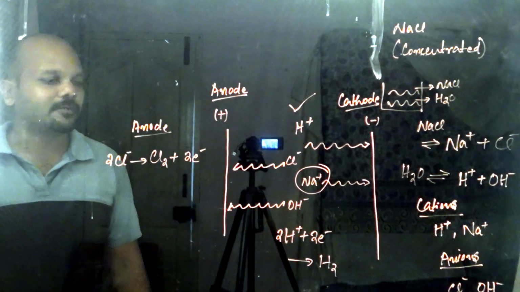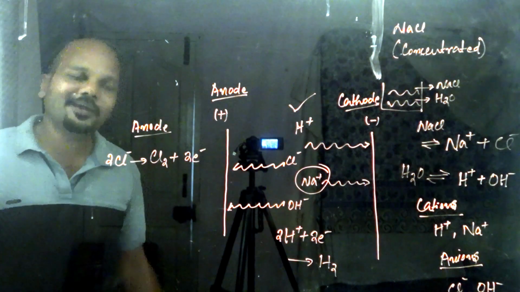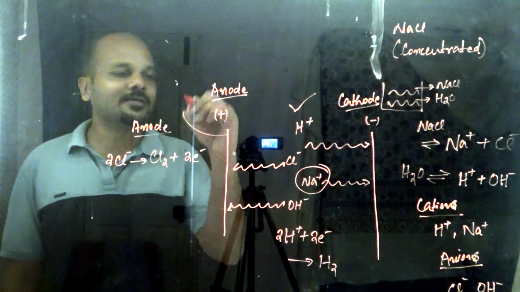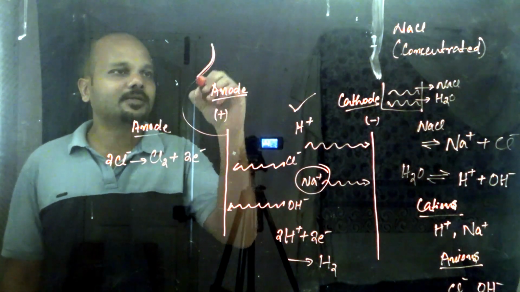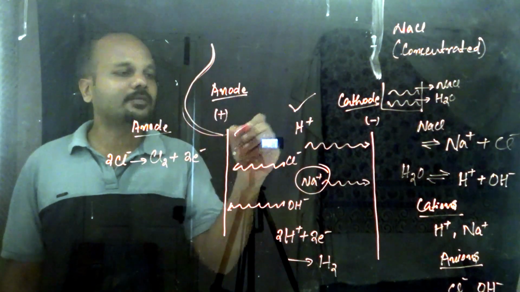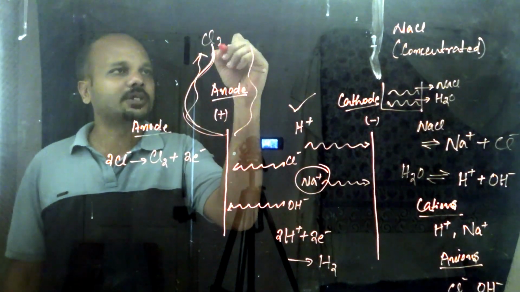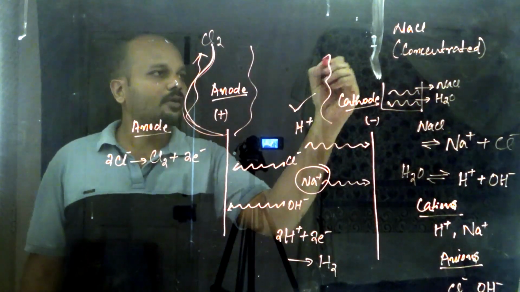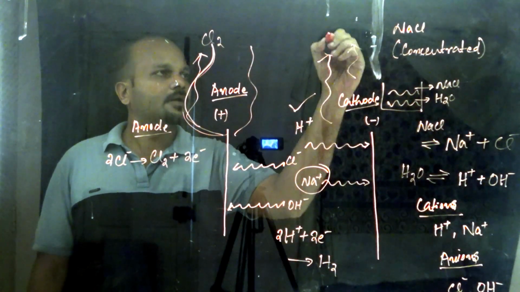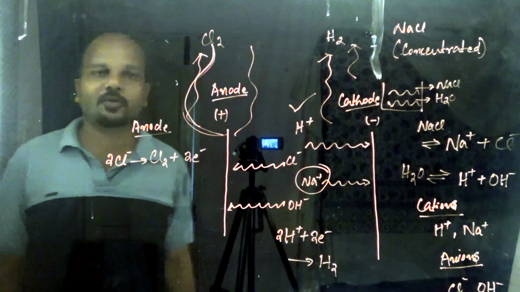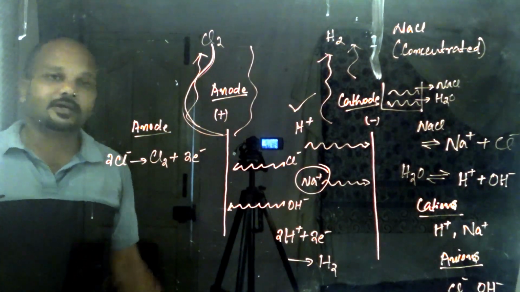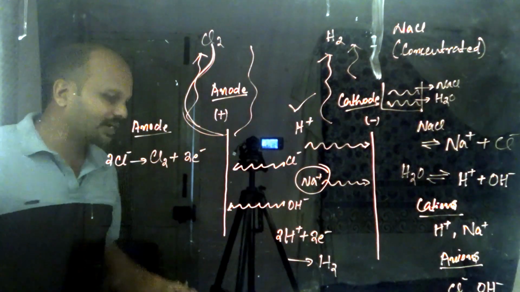So in a concentrated solution of sodium chloride, chlorine gas will be passing out from the anode, and hydrogen gas will be passing out from the cathode. What is remaining?